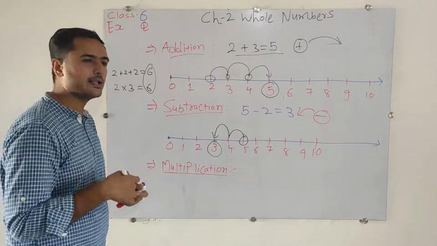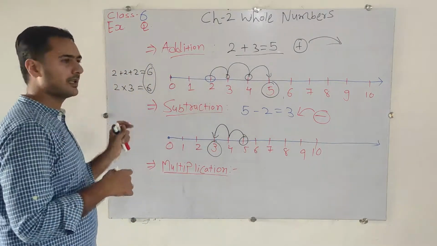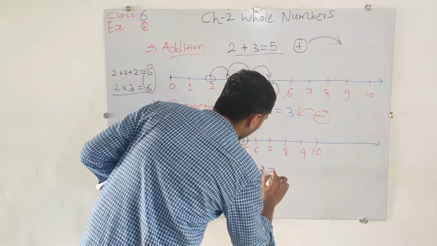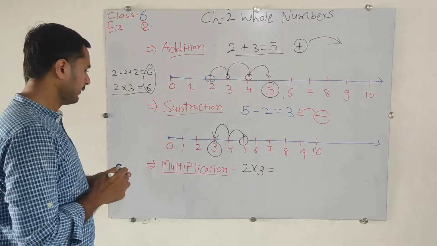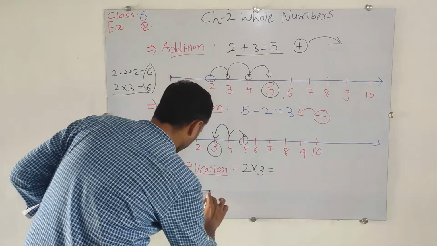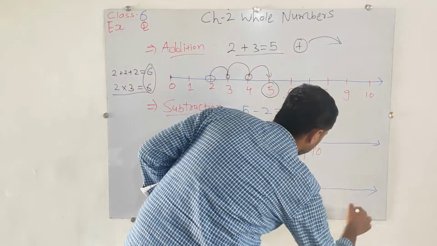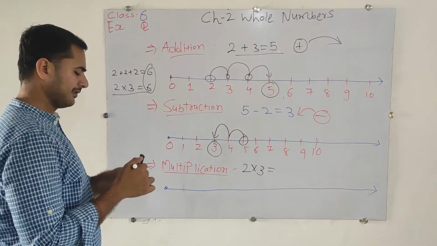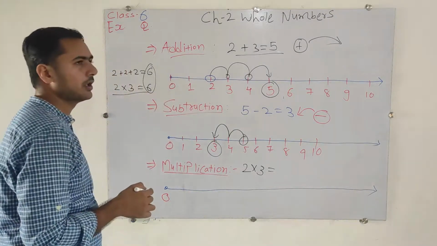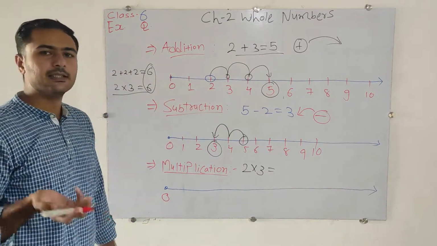Now let's see how we can do the same process on the number line. Let's select this example only. I am going to do 2 multiplied by 3 and we will check the answer. First of all, we will draw a number line from here to here like this. Now we will start with number 0, because we are doing it for whole numbers, and whole numbers start with 0.